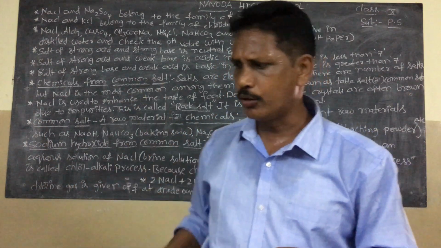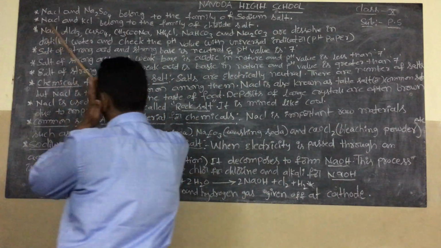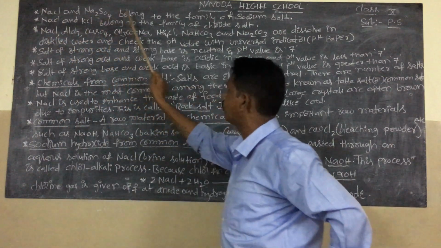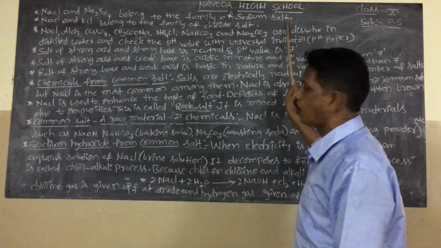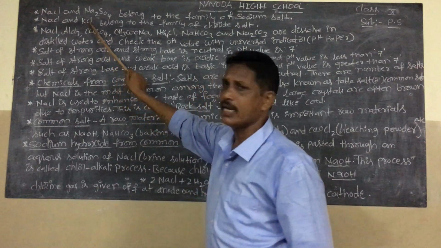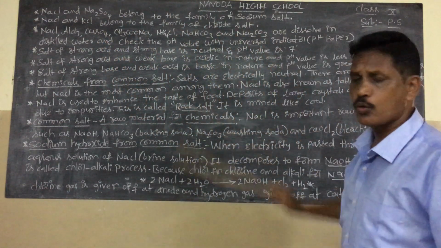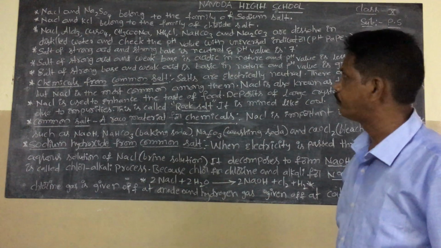Okay, all of you look at the board here. NaCl and Na2SO4 belong to the family of sodium salts. NaCl and KCl belong to the family of chloride salts.